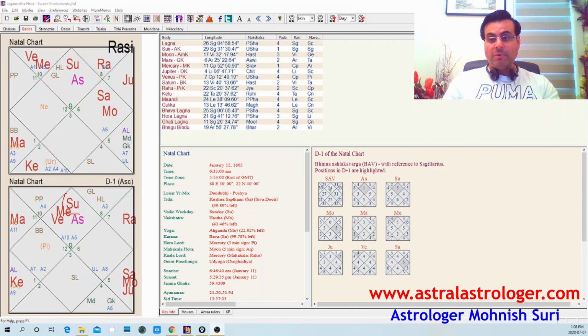Where is his moon? Moon represents your emotional mind, how you think, what you think, how you think as the world is treating you, and where your mind is. Simply, moon tells about where your mind is. And in his chart, the mind is sitting in the ninth house of spirituality, house of being a spiritual guru, teaching people, ninth house of fortune also.